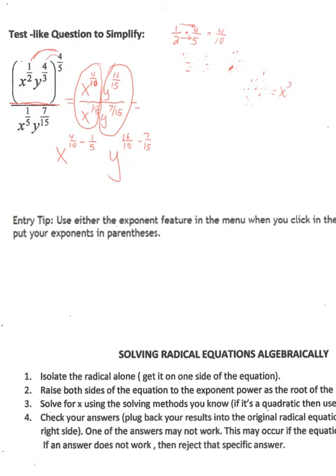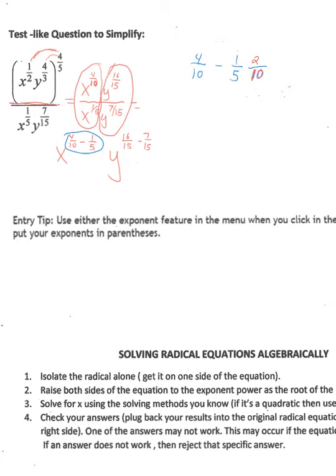Let me get some erasing done here. So let's do these subtractions that we have. 4/10 minus 1/5. Well, like that previous problem, I can't subtract those until I convert the fifths to tenths. And when I do that, I get 2/10.